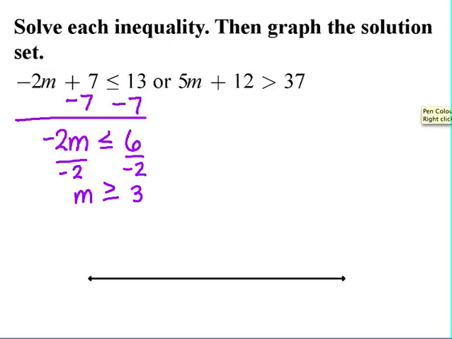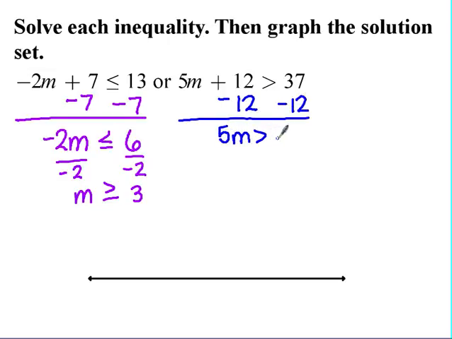Let's solve the next one then. What am I going to do first here? Subtract 12. So I get 5m to be greater than 25. What do you do now? Divide by 5. Very good. So m is greater than 5.